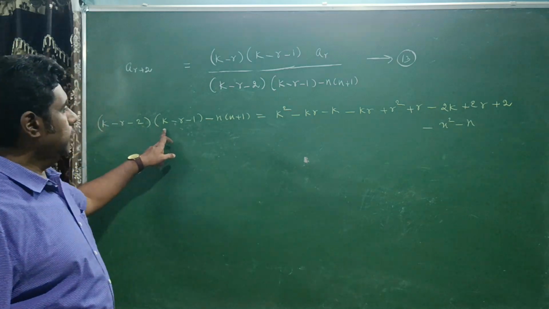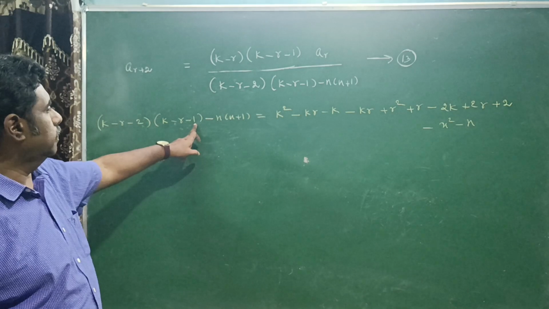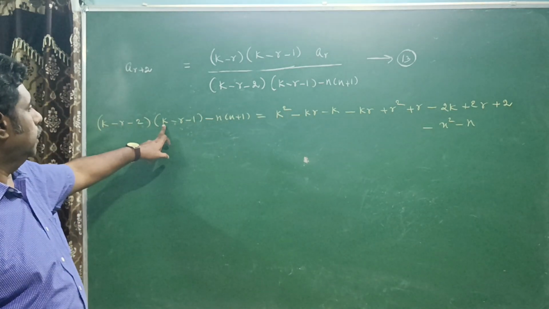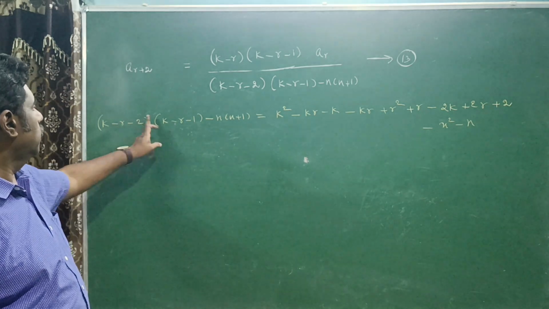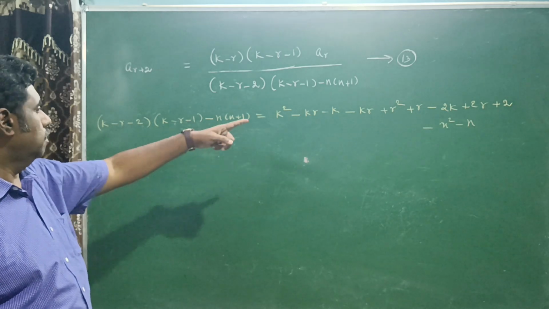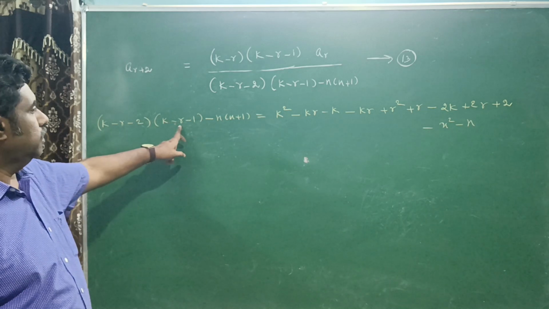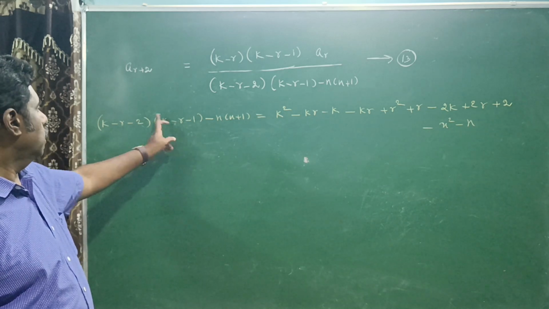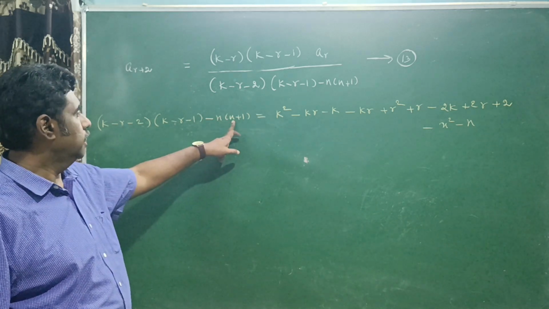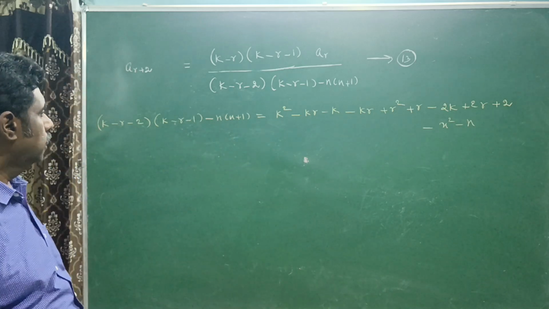Just k into k square minus kr minus k, then minus r into k minus kr minus r into minus r plus r square minus r into minus 1 plus r, then minus 2 into k minus 2k minus 2 into minus r plus 2r minus 2 into minus 1 plus 2 minus n into n minus n square minus n into plus 1 minus n.